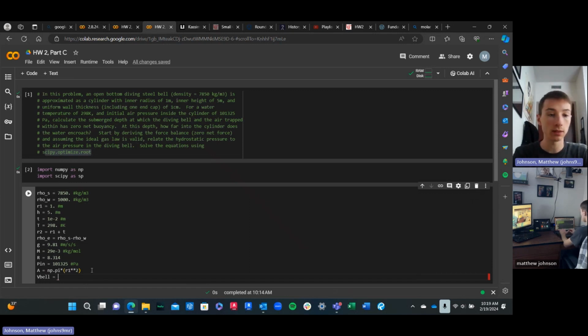The volume of the bell is going to be the volume of the shell walls plus the volume of the end cap. The shell walls are pi times the difference in radii squared times the height, right?